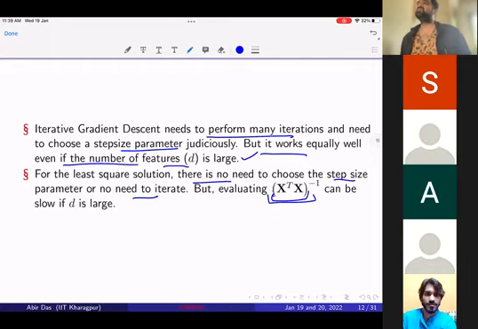Multivariate linear regression is the problem, and gradient descent is the solution methodology. Another solution methodology is an analytical solution, or closed form solution.